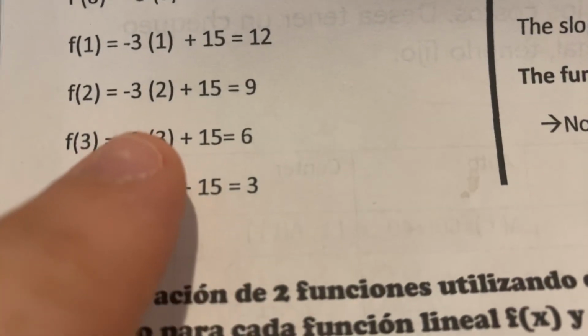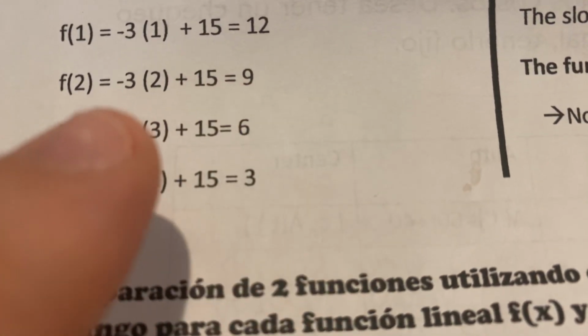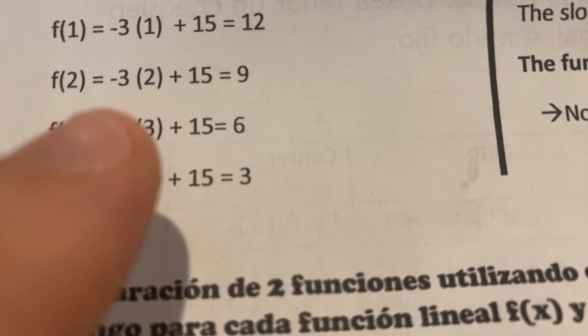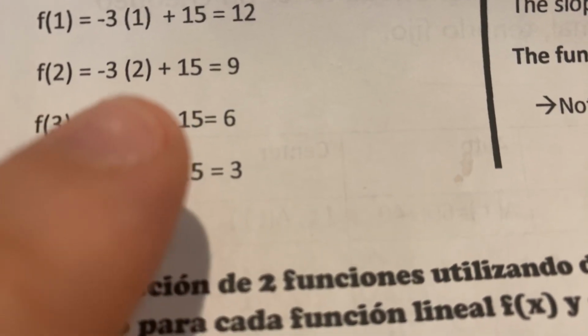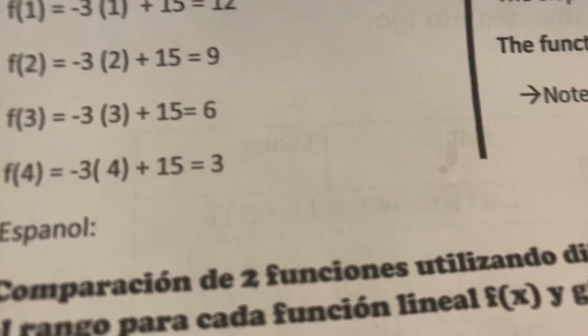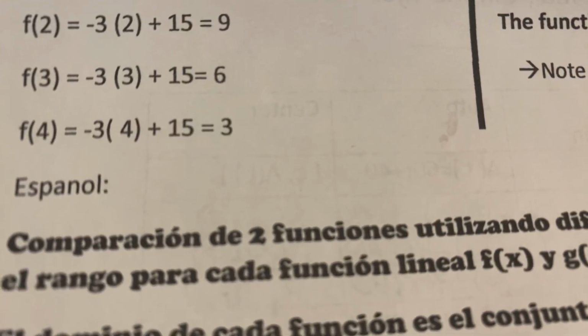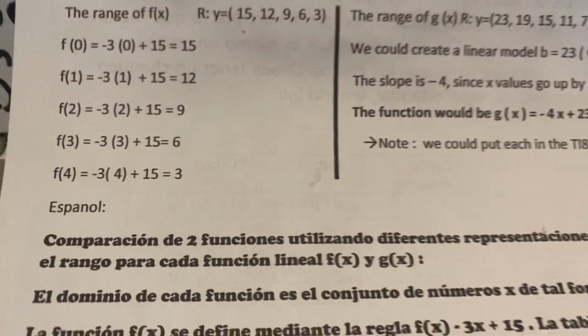I have negative 3 multiplied by 2 plus 15 equals 9. So negative 3 multiplied by 2 is negative 6. So this gives me the negative 6, and plus 15 gives me 9. Moving down, I have f evaluated at 3 and also f evaluated at 4.